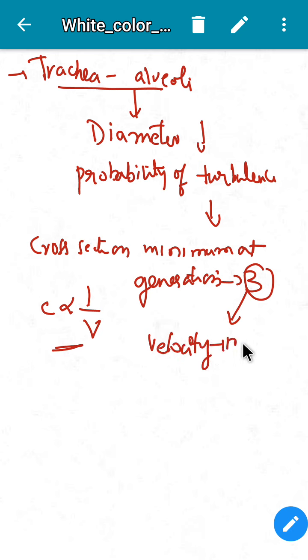Bronchoconstriction due to irritation is cholinergic mediated.